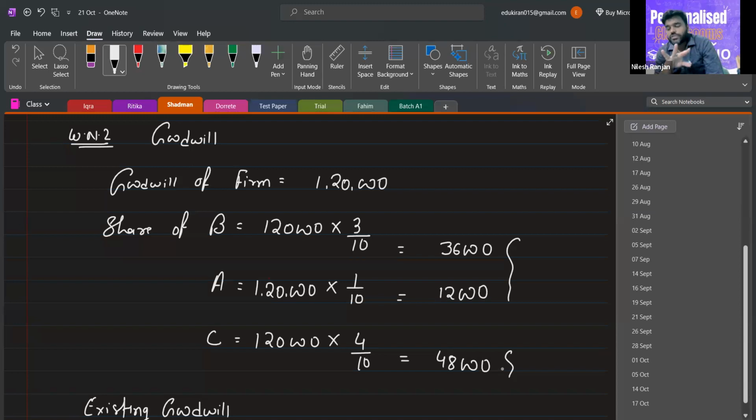What was the journal entry written in the theoretical part? In the theory that we have discussed right now, what is the journal entry written? I think the gaining partner debits and the sacrificing partner credits. So who is the sacrificing partner here?